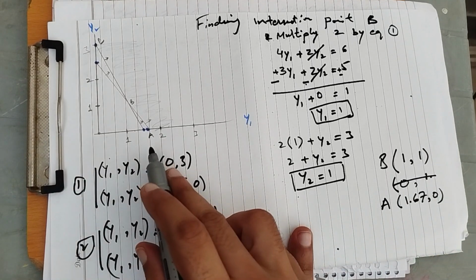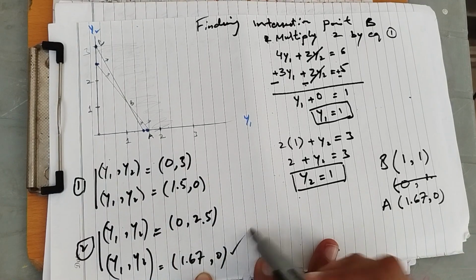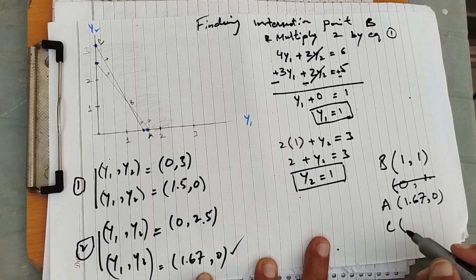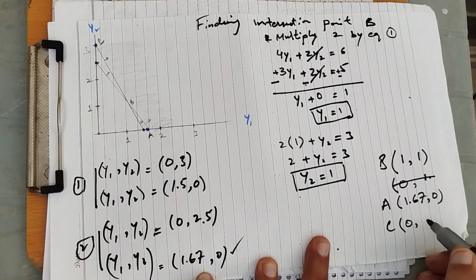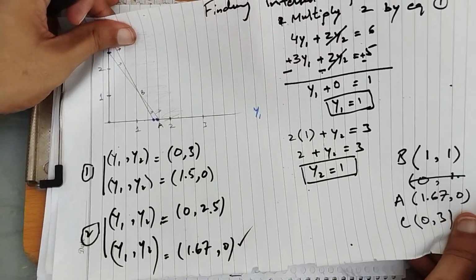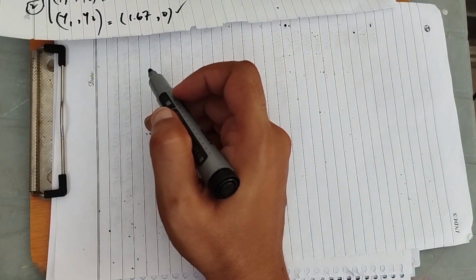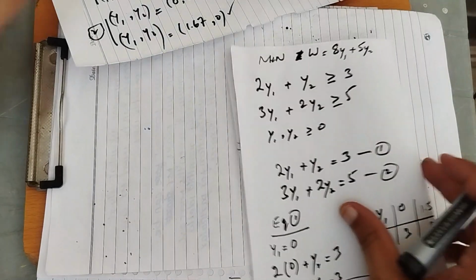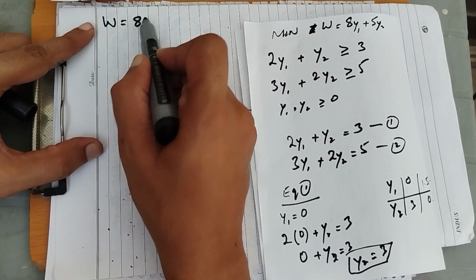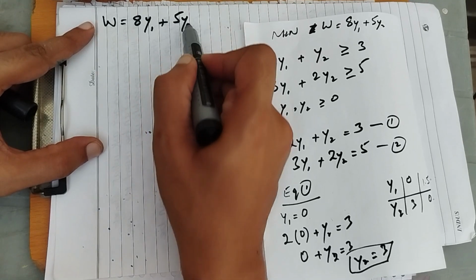And point C was 0, 3. So these are the 3 extreme points. On these we have to evaluate the objective function. We already know the objective function, that is W equals 8y1 plus 5y2.